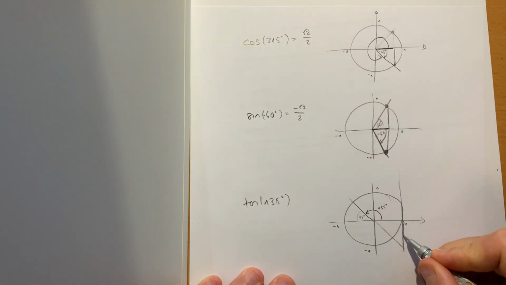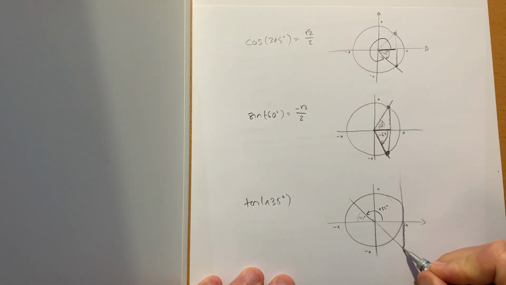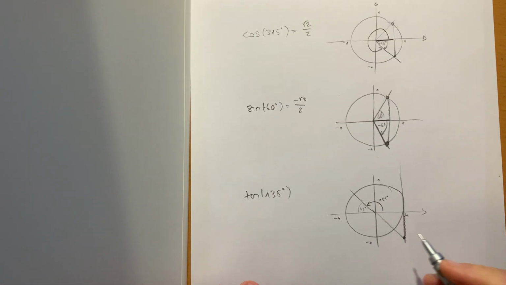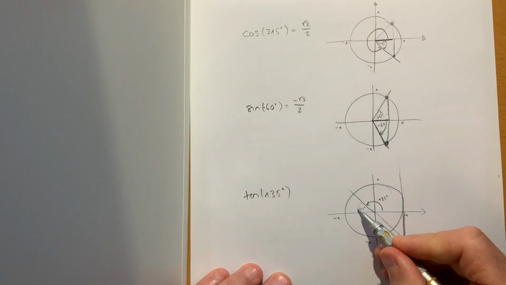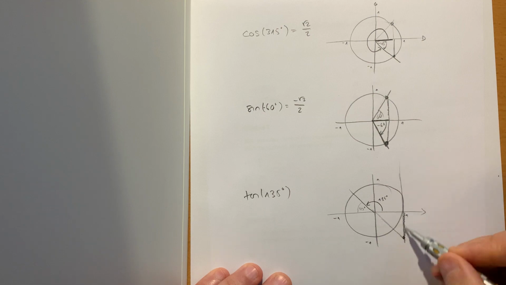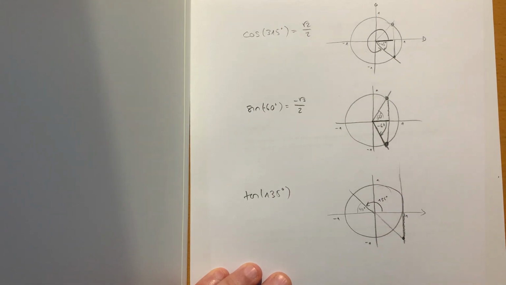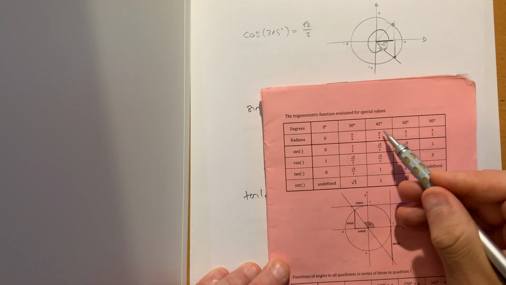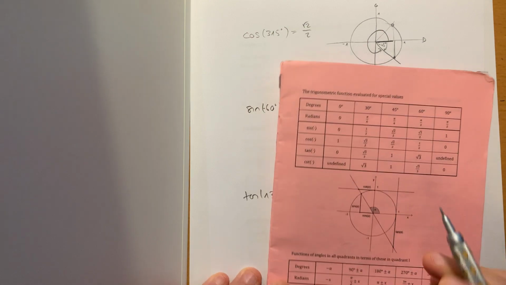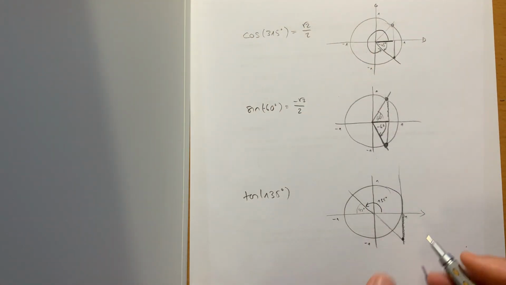And this will be the length we're looking for, okay? Now look, it's like a 45-degree angle, but it's negative. Tangent of 45 degrees is 1, but because it's negative, it will be minus 1.